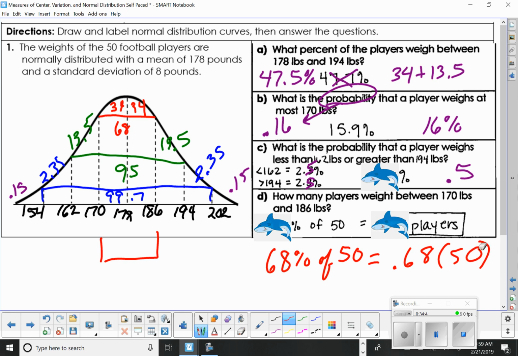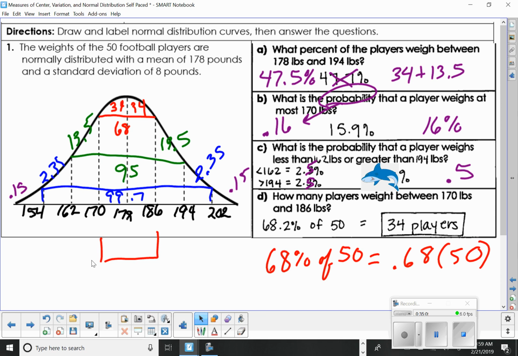Remember, theirs is a little bit more, so they're going to wind up with a slightly bigger number, but you should have 34 players. That's actually what they got. What did they use? Oh, 68.2. So 34 players. They rounded it to the nearest number of players.